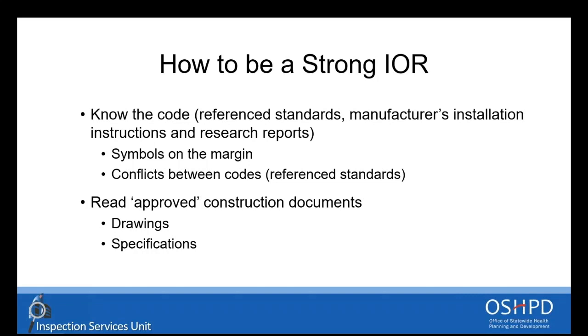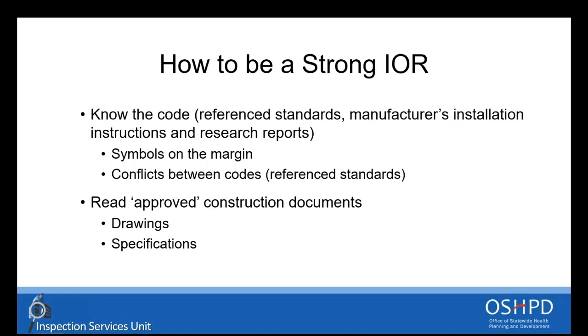Know the symbols on the margin of the codes that usually tell you if the code has been updated, changed, or any code section has been removed. There are different symbols for different codes. And what happens when there's a conflict between codes and reference standards? Monica had briefly informed you that when there's a conflict between codes and reference standards, the code will govern.